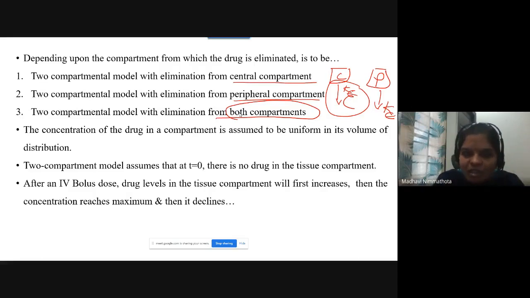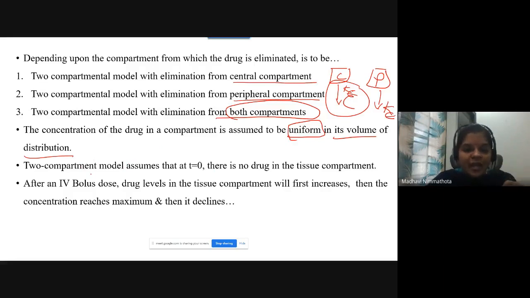So there are three cases, depending upon which compartment is involved in the elimination processes. And the concentration of the drug in a compartment is assumed to be uniform in its volume of distribution. We always need a uniform distribution of the drug within the compartment, that is nothing but your central compartment.